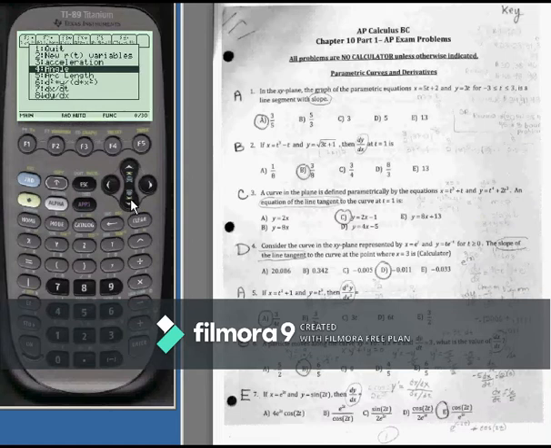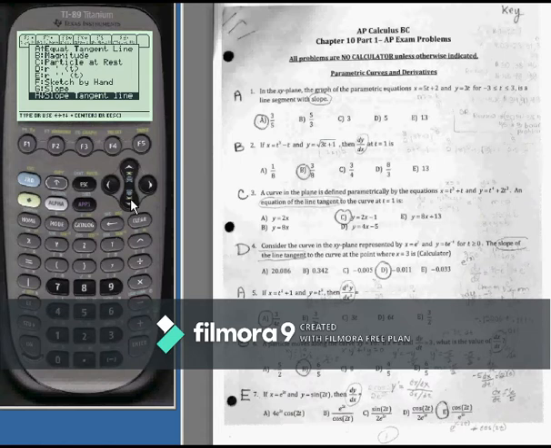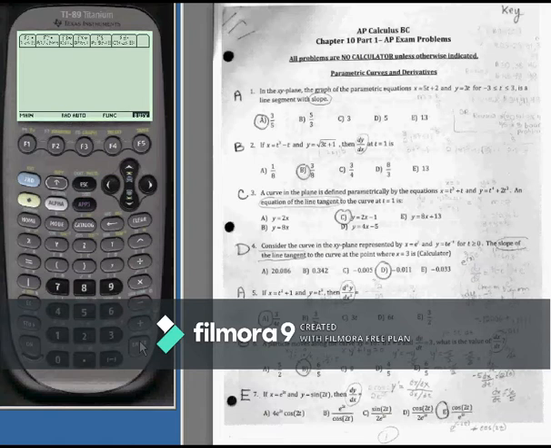And we're at the, see if something matches. Here's slope of a tangent line here. dy over dx equals the slope m. Here's y.